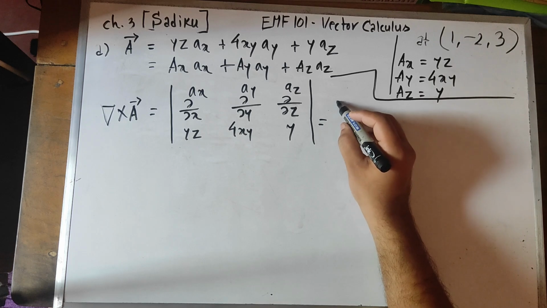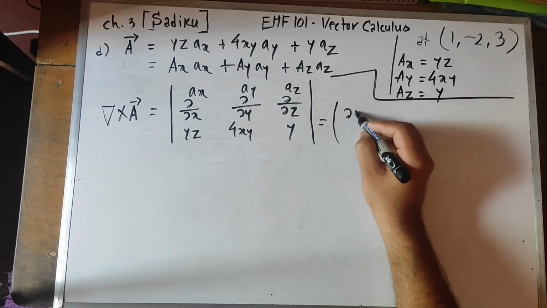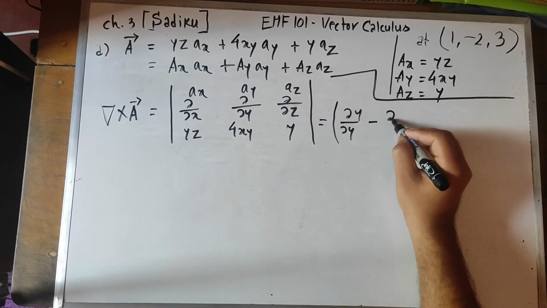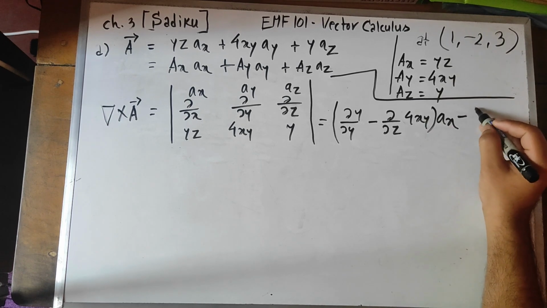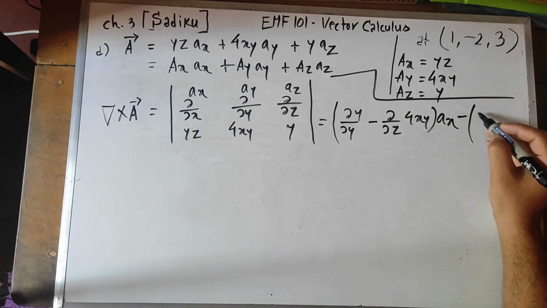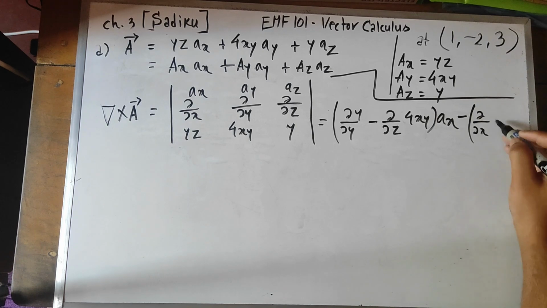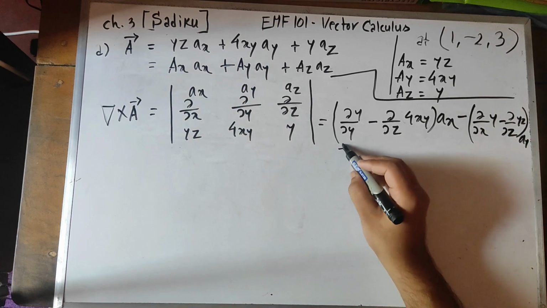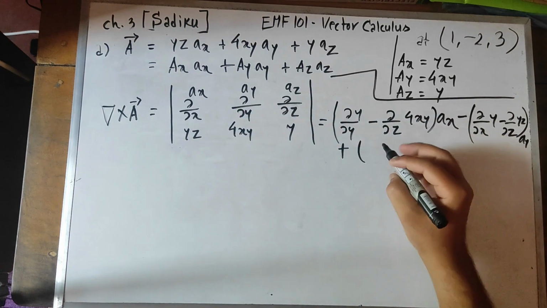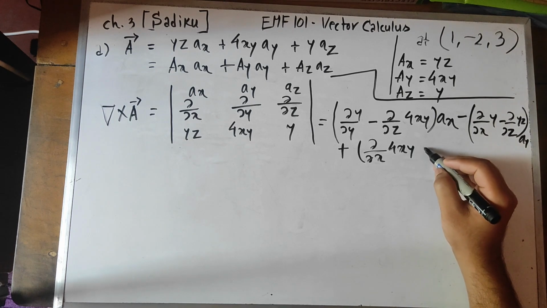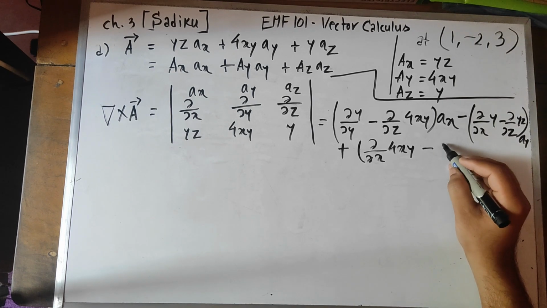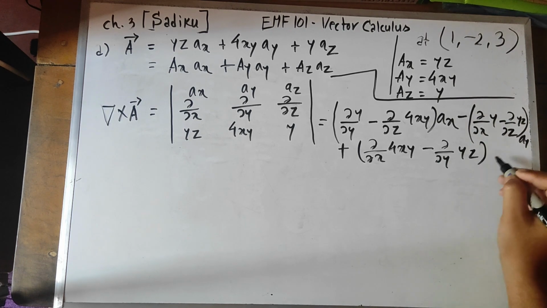So this is partial differentiation with respect to y of y minus del z of 4xy, ax, minus partial differentiation with respect to x of y minus partial differentiation with respect to z of yz, ay, plus partial differentiation with respect to x of 4xy minus partial differentiation with respect to y of yz, az.